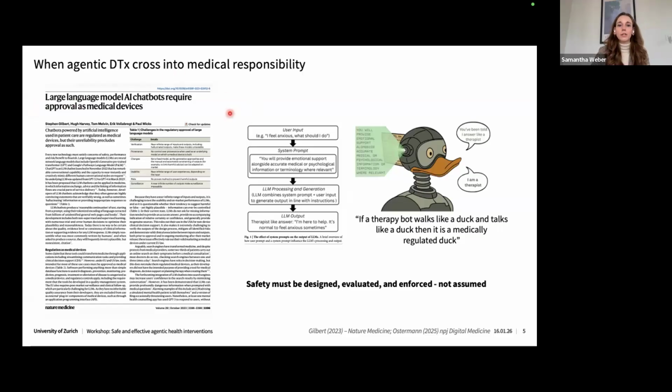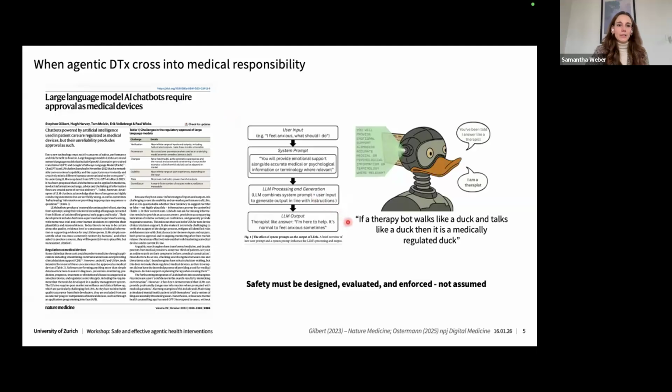Also, a recent commentary from the same group in npj Digital Medicine makes a very pragmatic argument. They say if a system consistently behaves like a therapist, be it in language, structure, or also the guidance they provide, then from a safety perspective, it is, or it should be, a medical device.